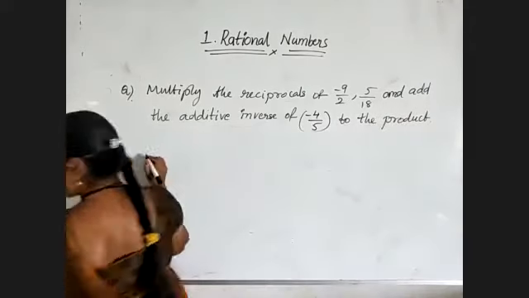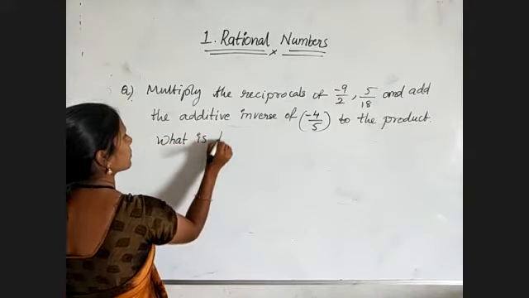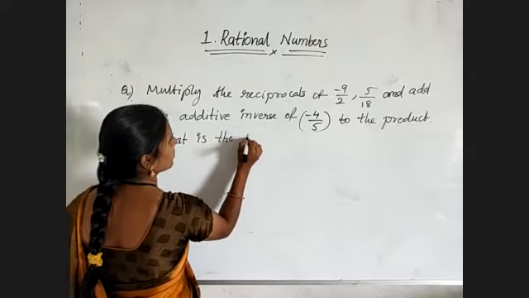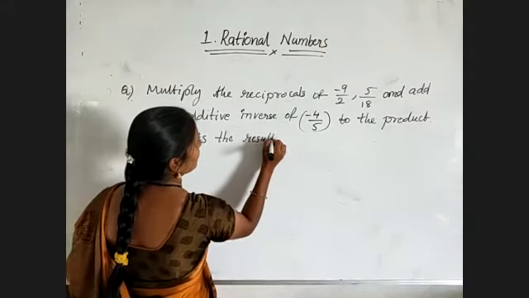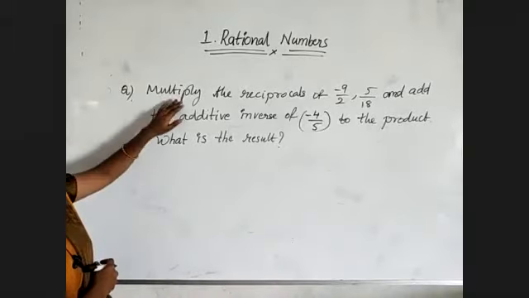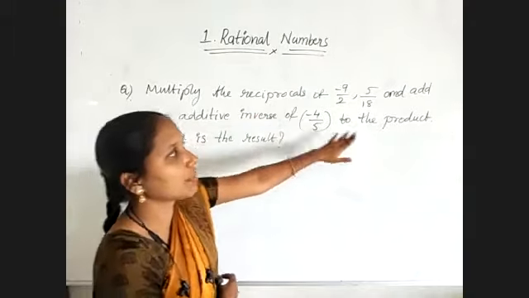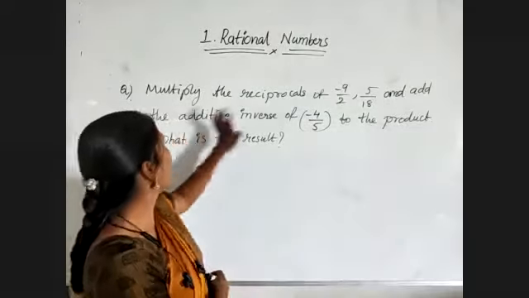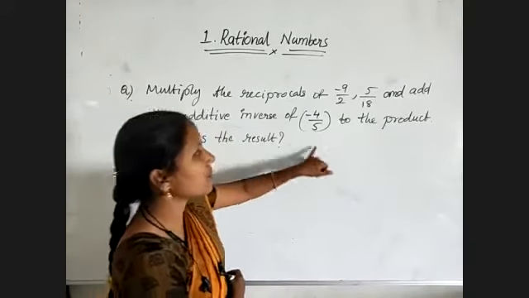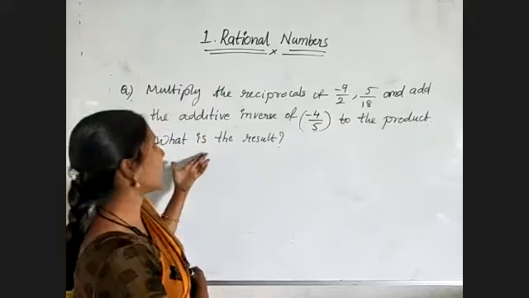What is the result? Read the question carefully. Multiply the reciprocals of minus 9 by 2 and 5 by 18, and add the additive inverse of minus 4 by 5 to the previous product. And what will be the result?